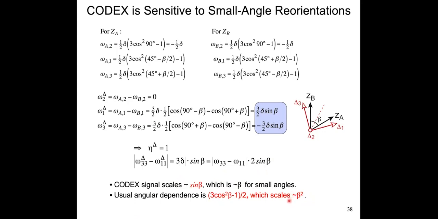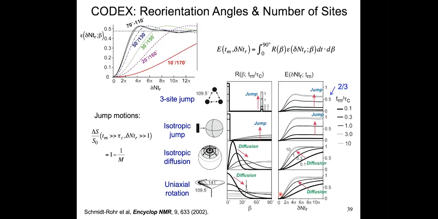So for typical orientation dependence, you will not sense small amplitude motion very easily. CODEX is a little bit better because it only scales with the angle in a linear fashion. So that's an interesting detail. These figures are taken from Klaus's original publications on CODEX to express how you get that orientation angle information as well as number of sites.